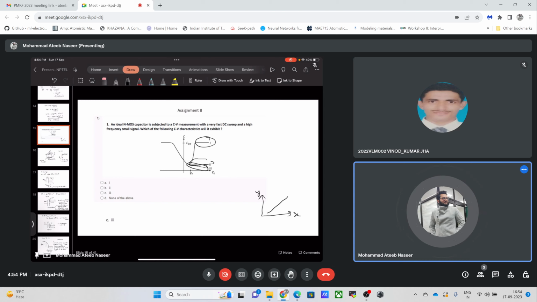So I hope that this answers the question, because this decrease in capacitance has occurred because we have increased the ramp rate of the DC voltage, and this all has happened because the minority carriers are not able to respond to our ramp as quickly as the ramp is changing. The ramp is changing pretty fast for this DC bias.